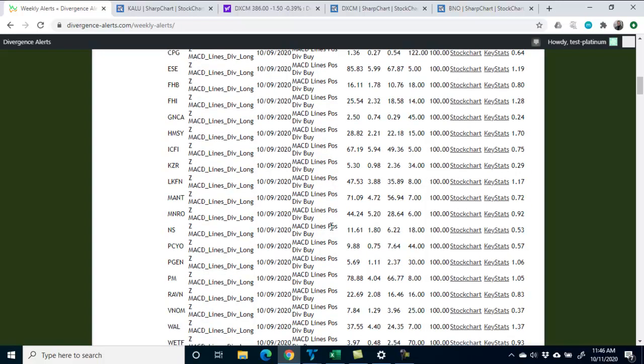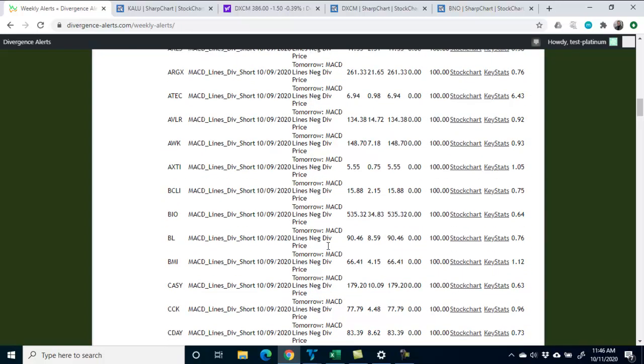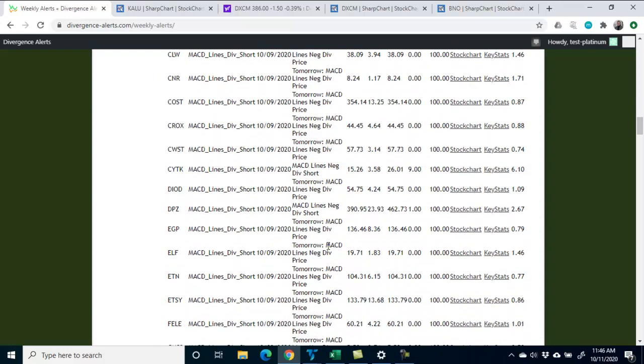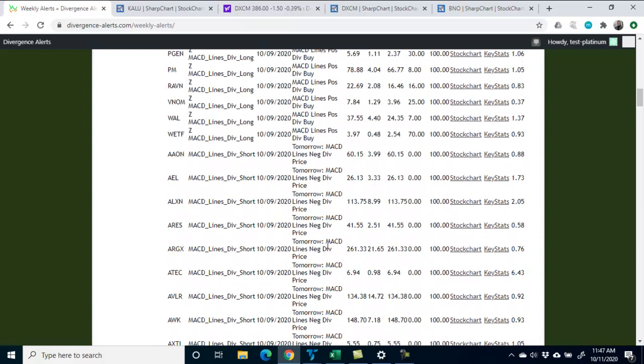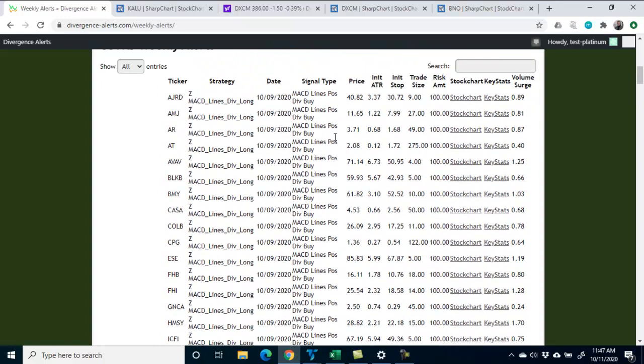I'm looking down to see if we've got another one. A lot of these are upcoming negative divergences, just the case where the market is now. But you can see on the individual stocks that we have the fully formed divergences, say on BMY, and you've got a current price, you've got an ATR, an average true range calculation.